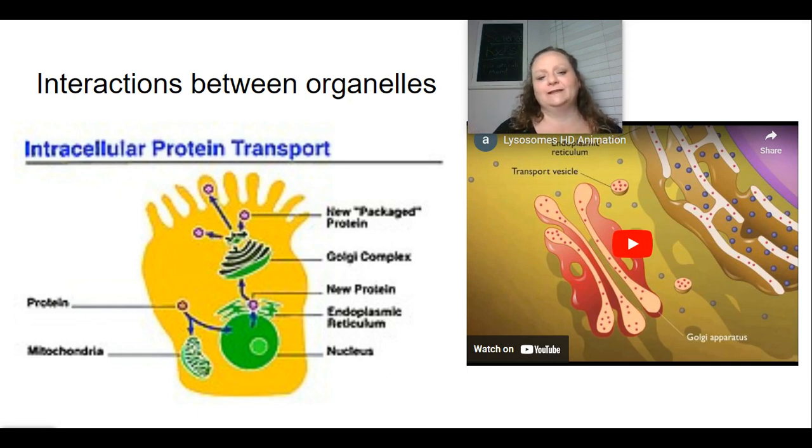And I already hinted at this a little bit when I talked about how the proteins are created sort of near the endoplasmic reticulum in those ribosomes, and then they find their way to the Golgi complex where they're folded and chemically modified into the new protein that's trying to be created. And then the Golgi complex sort of scoots it where it belongs.